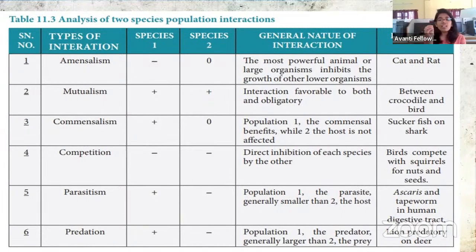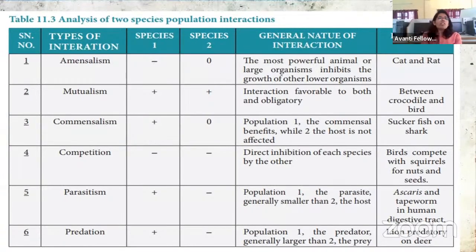Now, the suckerfish is taking shelter from the shark, but the shark is not affected. Shark's food is as usual. Shark can lead its life normally. So here, suckerfish is getting a benefit in the sense of shelter, whereas the shark is neither benefited nor harmed.